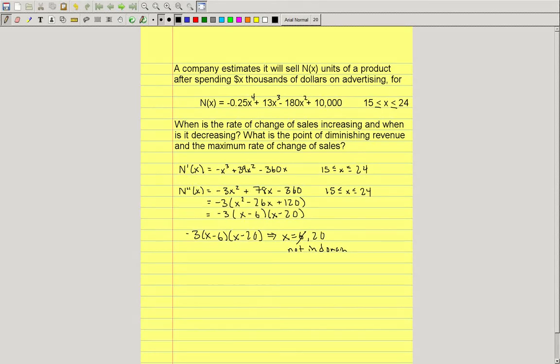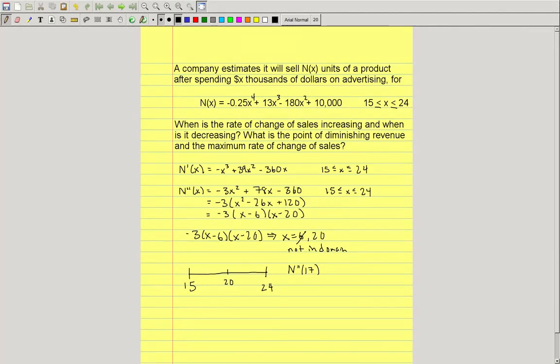The next step is to create a sign chart for f double prime. And this sign chart is going to look a little bit different than normal because our function is defined on a closed interval from 15 to 24, so those are the only things that happen here. And then we add our single partition point of x equals 20. We want to evaluate the second derivative at a value between 15 and 20.